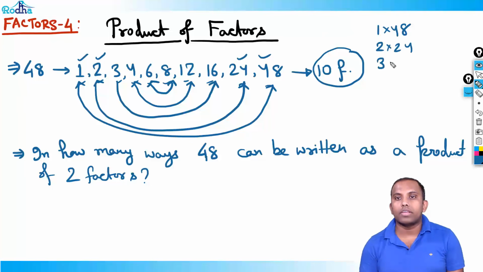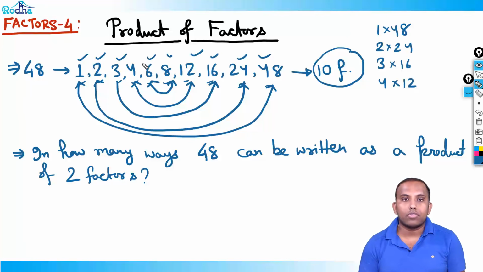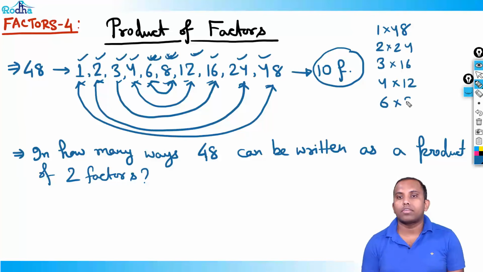Then 3 into 16, third and third last. Then 4 into 12, fourth and fourth last. And then 6 into 8, that is fifth and fifth last, basically the fifth and sixth factors. So there are 5 ways.